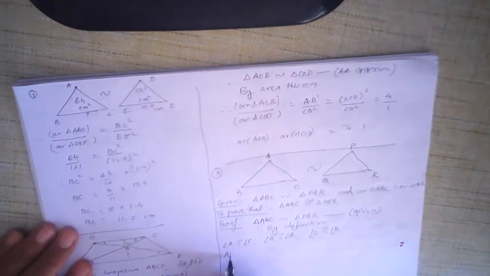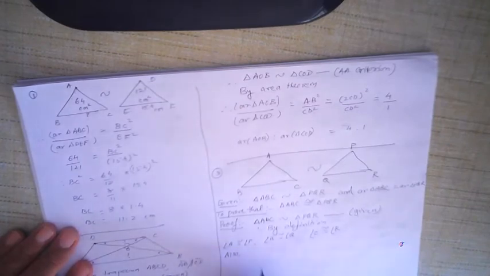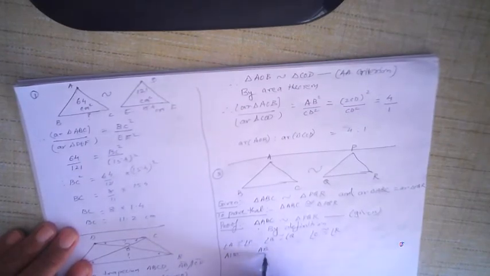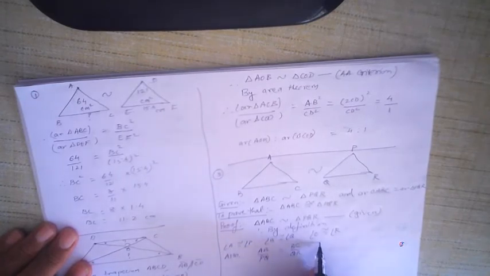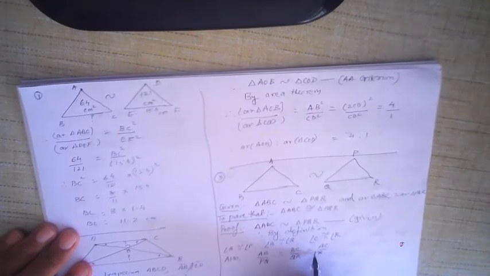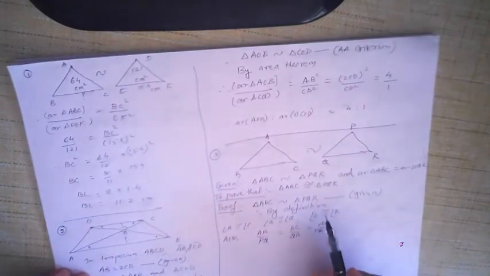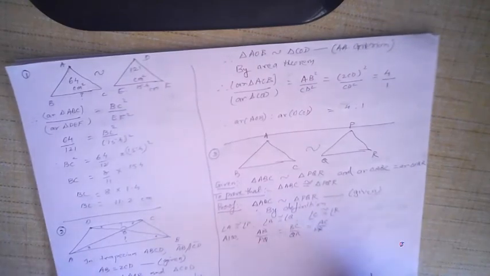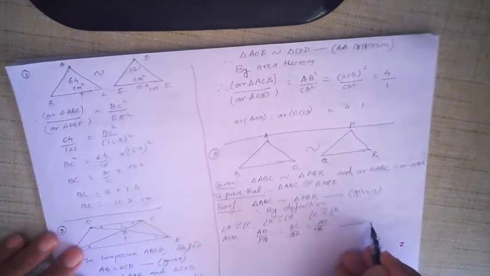Also by definition, AB upon PQ is equal to BC upon QR is equal to AC upon PR. Why? Because the ratio of the corresponding sides is always the same; the sides are in proportion. Let this be result 1.